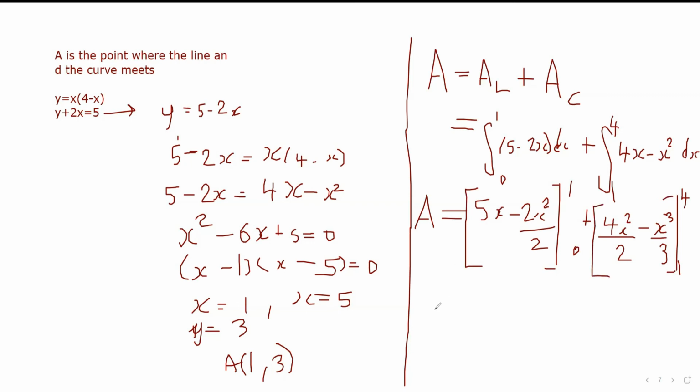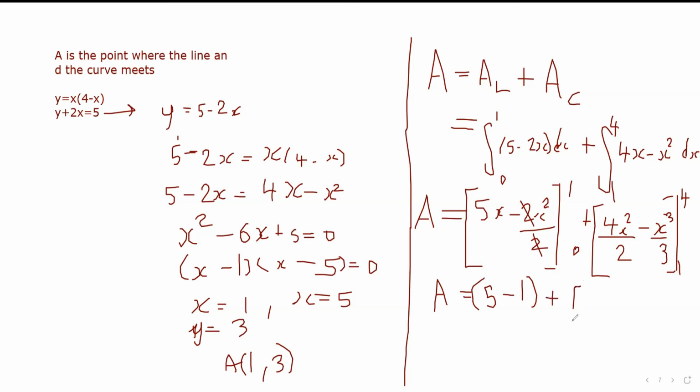So when we integrate, we put in the 1, we're gonna get that the area is, putting in 1, 5 times 1 is 5, minus, putting in the 1 in here, this 2 would cancel this 2, 1 in here would become 5 minus 1, we don't need to put in 0, then we have plus.